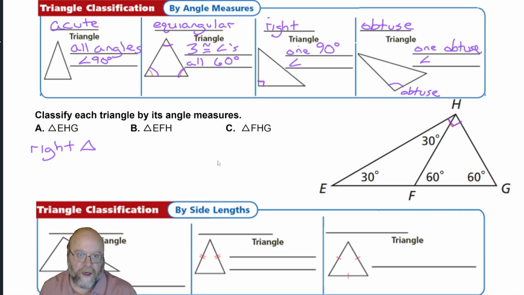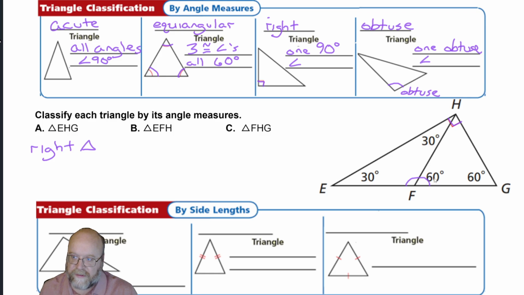This is a symbol for triangle. E, F, H, E to the F to the H. I got a 30 and a 30, but what's this angle? Can you tell just by looking at it? Probably looks kind of obtuse, but how would we know for sure? Well, this is a linear pair here, which means if I were to add those angles together, it would equal 180 degrees.